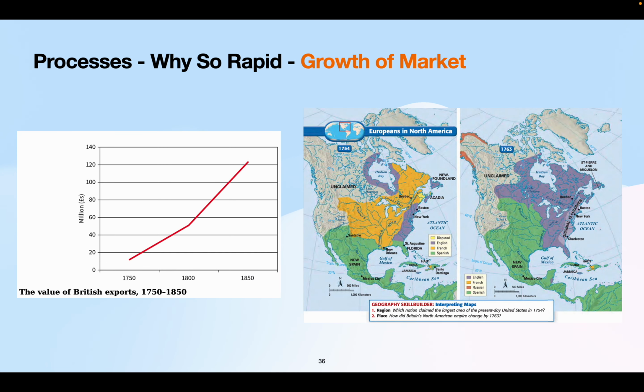Overseas demand also surged. From 1750 to 1850, British exports shot up almost like a straight line on the graph. Sales poured into North America and the West Indies and Asia and Europe.